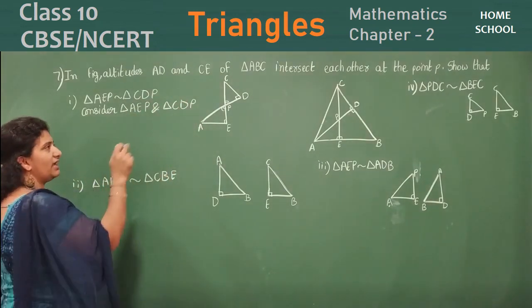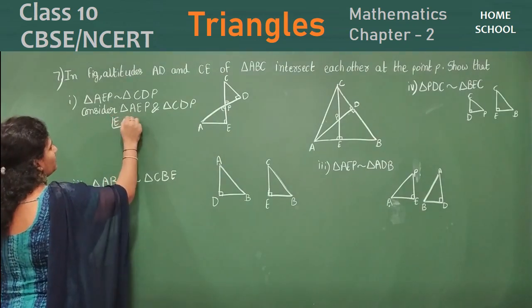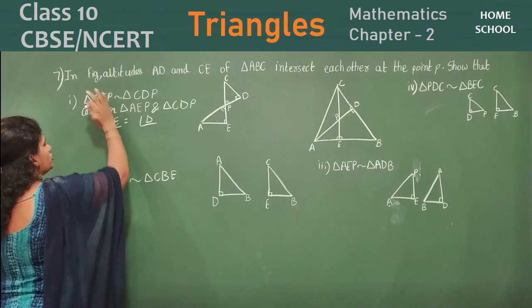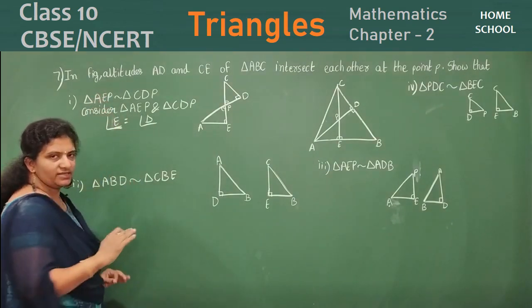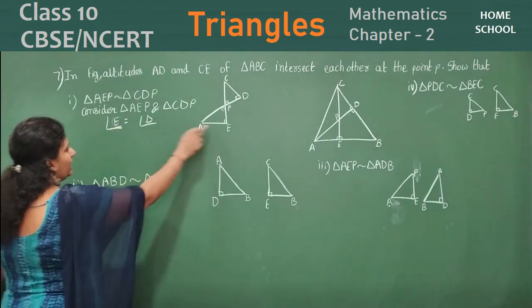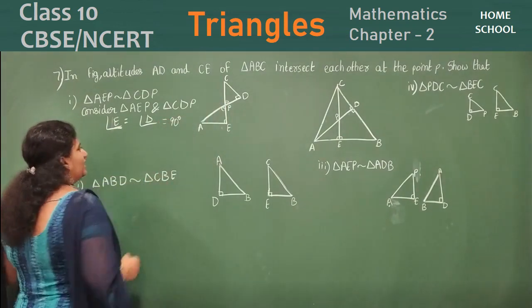Observe the triangles and you can write it here. So what I can say, angle E is equal to angle D, right? Most of the people will try to do like this. First you do like this, then you can add the letters which are missing. So angle E is equal to angle D, equal to 90 degrees.